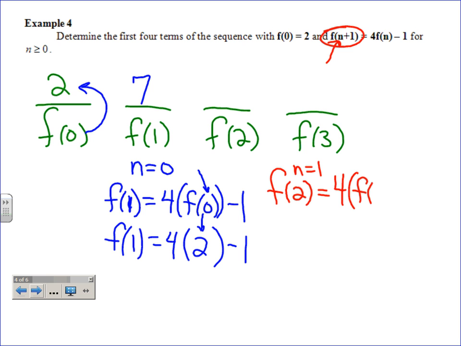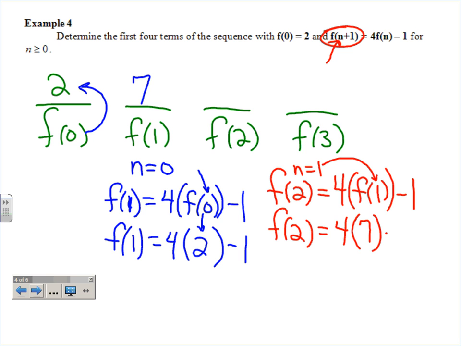And n, we found out, is 1 to make this happen. But it's only going to work if we know what f of 1 is. How do we know that? We just figured it out, exactly. So f of 2 is 4 times f of 1, which is 7 from just a second ago, minus 1. So f of 2, I've been told, is 27. I agree with that.